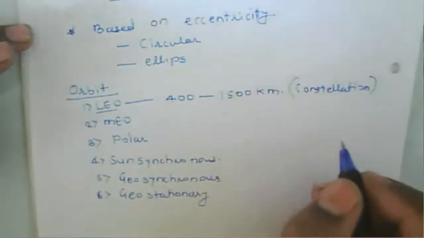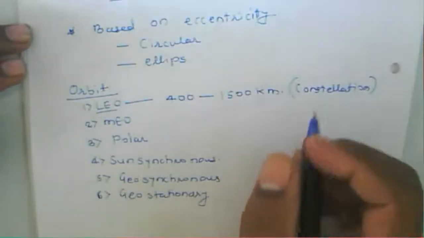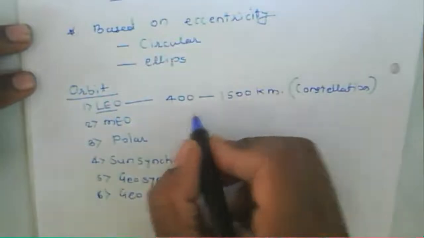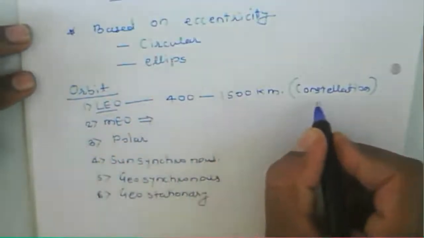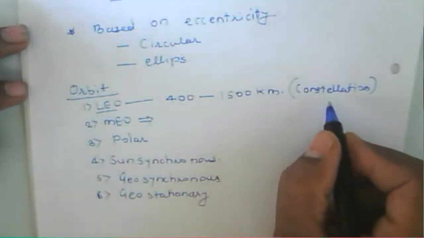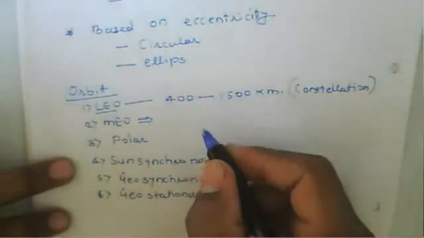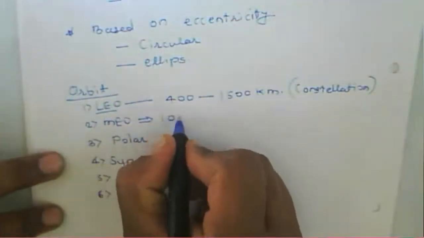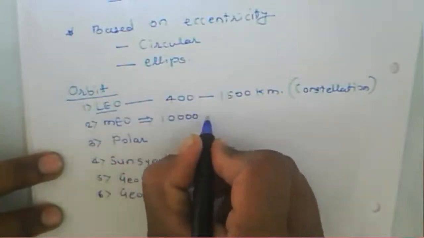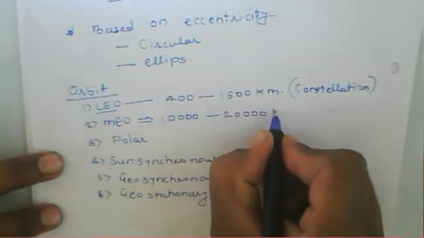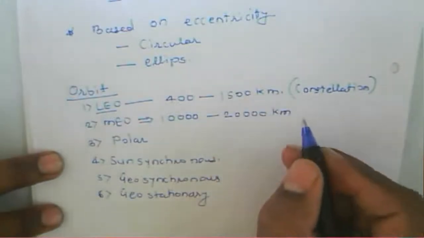A constellation means a group of satellites in a given orbit, and there will be multiple orbits. That is nothing but a constellation. So we can cover a large area using the constellation. Similarly, if you consider the MEO orbit, medium Earth orbit, the height is about 10,000 to 20,000 kilometers.